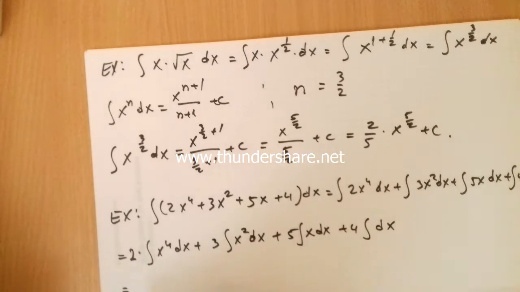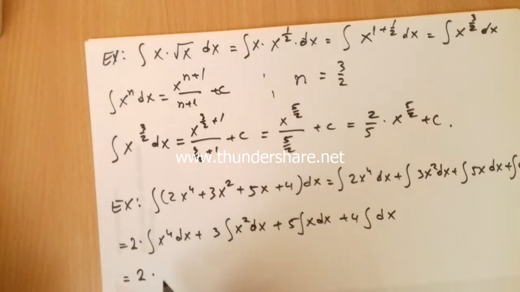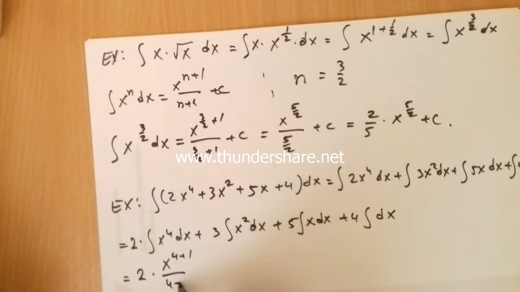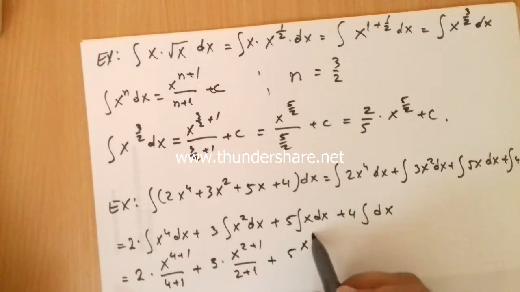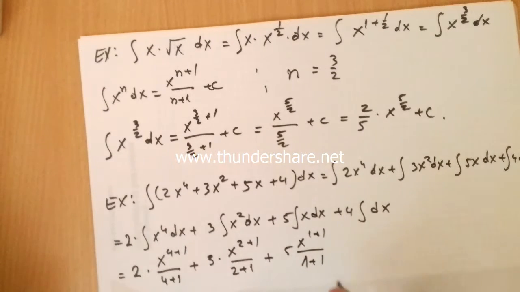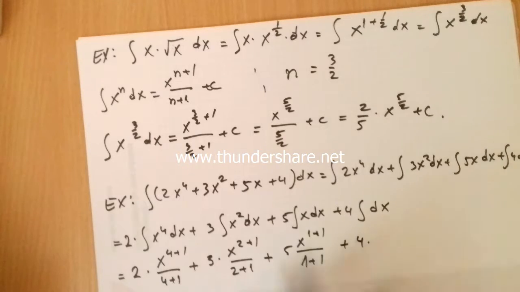This is equal to 2 times x^4 plus 1, plus 3 times x^2 plus 1, plus 5 times x^1 plus 1, plus 4 times x.